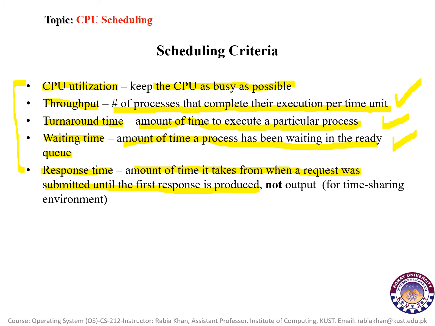Wait time is the amount of time a process is waiting for its turn to be assigned to the CPU within the ready queue, not on any device or in the suspension state. Response time is the time during which the first response is generated by the system; that can be some error message or some request, and may not be the final output. So these are the 5 CPU scheduling criteria on the basis of which we design CPU scheduling algorithms.